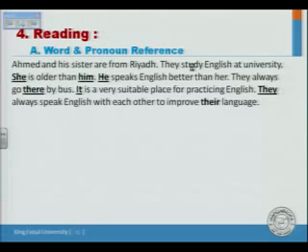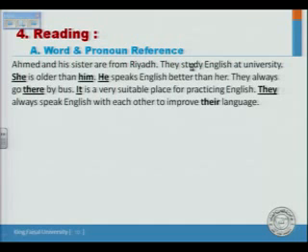Ahmed and his sister are from Riyadh. They study English at university. She is older than him. He speaks English better than her. They always go there by bus. It is a very suitable place for practicing English. They always speak English with each other to improve their language.